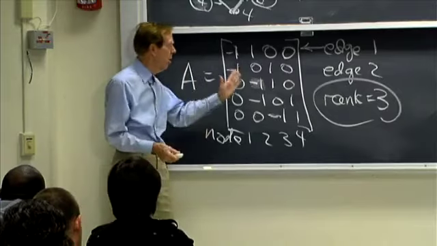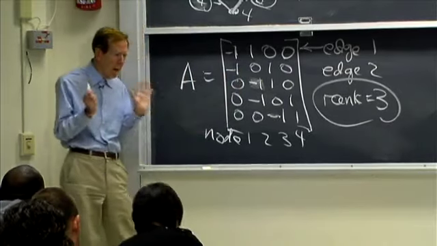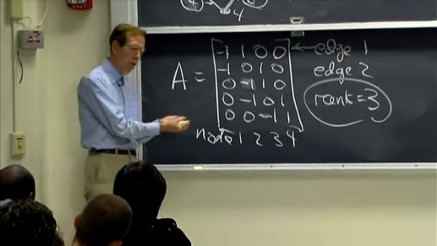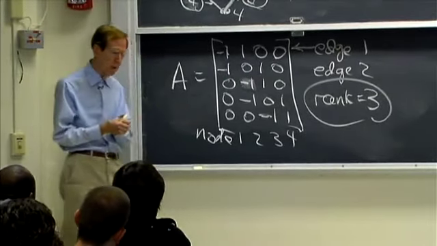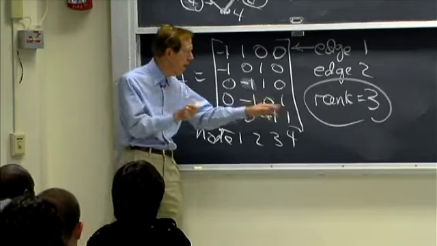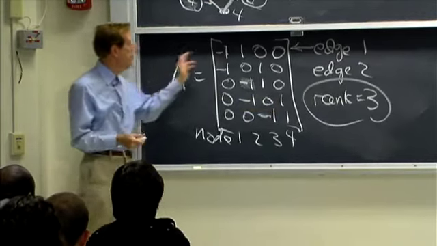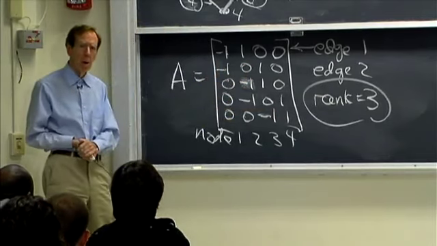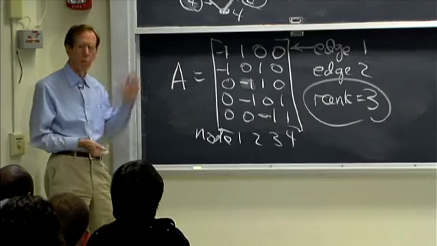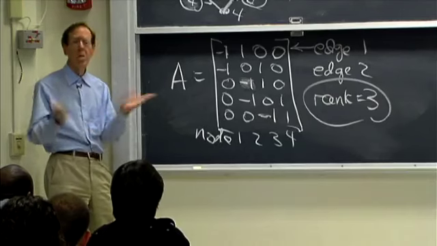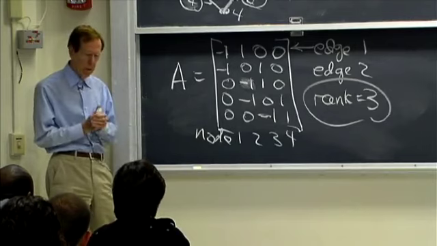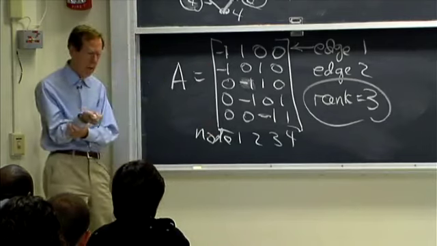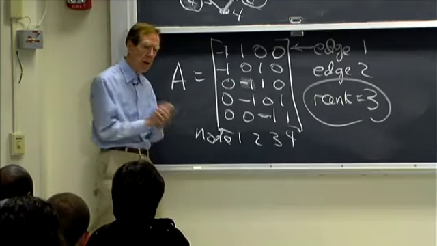Look at the rows. That's what linear algebra is all about: looking at a matrix by columns and then by rows and seeing the connections. The key connection is that these 5 rows, now what space are they in? 4-dimensional space. They only have 4 components. So I had 4 columns in 5D. I have 5 rows in 4D.